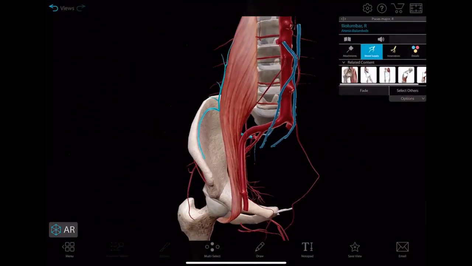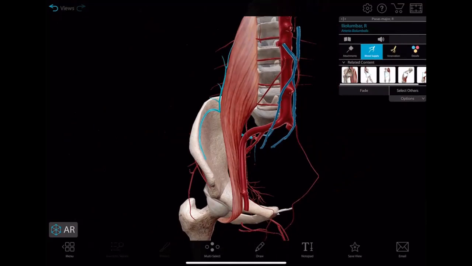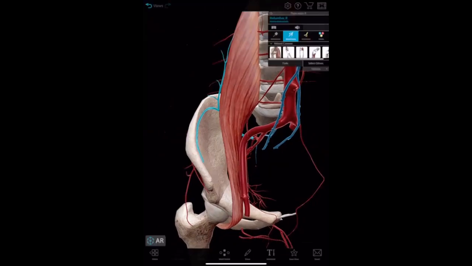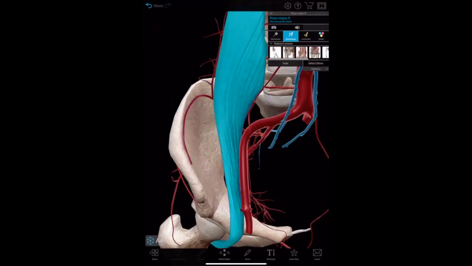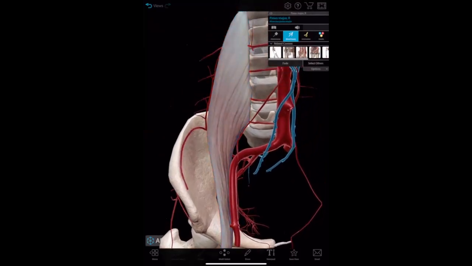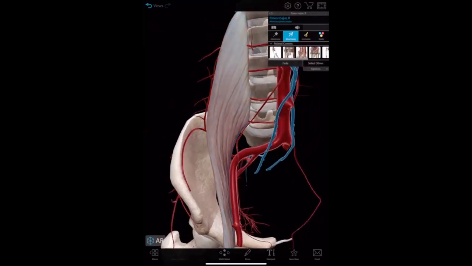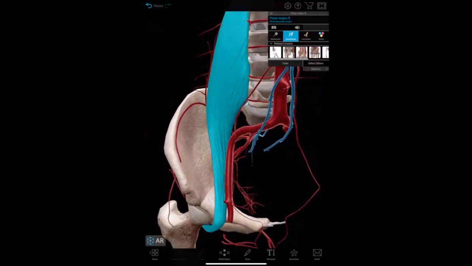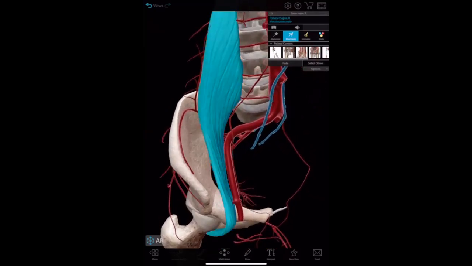If you see the blood supply, this is the psoas major muscle. We'll learn the blood supply of the posterior abdominal wall in the next class, but you have to remember that this is the iliolumbar artery.